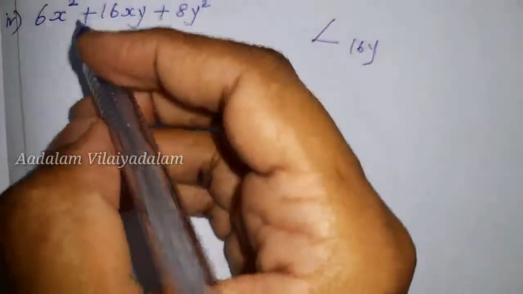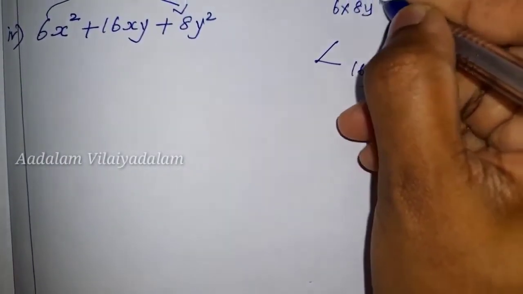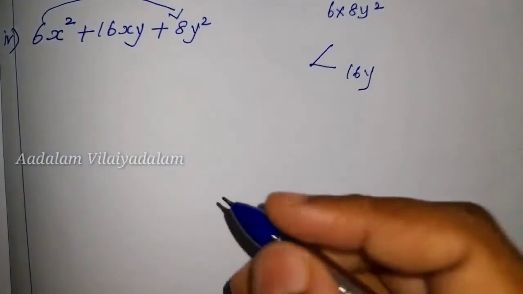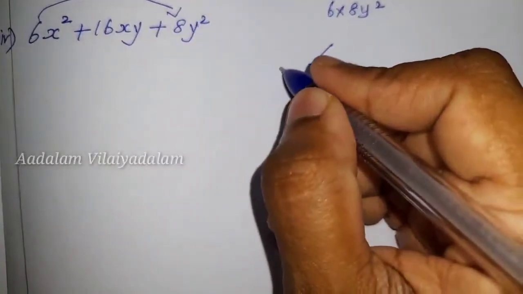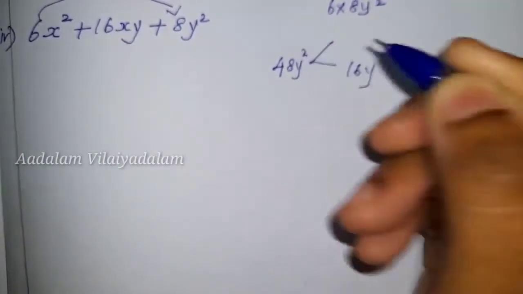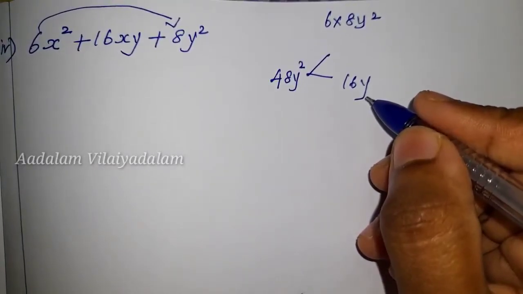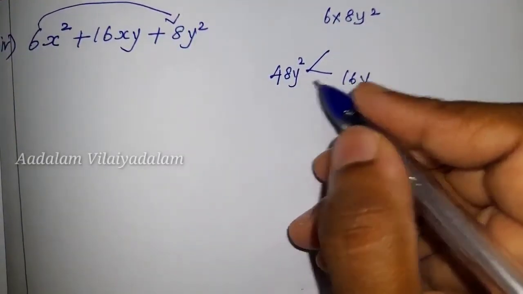The product of the terms is the coefficient of x square into the constant term, that is 6 into 8y square. So 6 8s are 48y square. The sum of the terms is 16y and the product is 48y square.